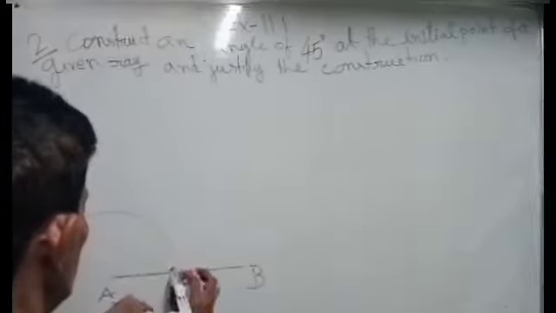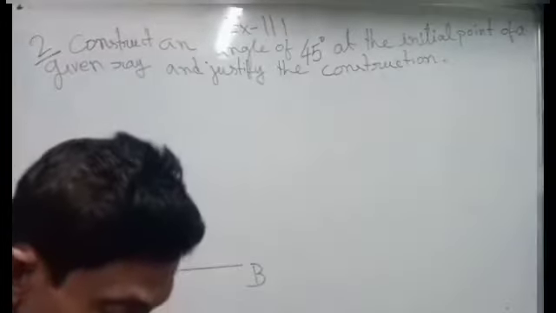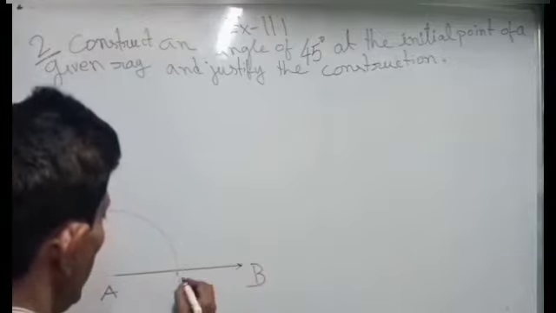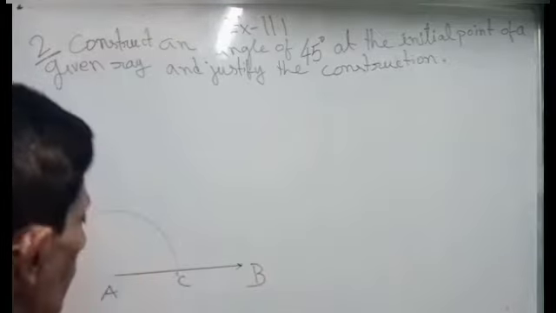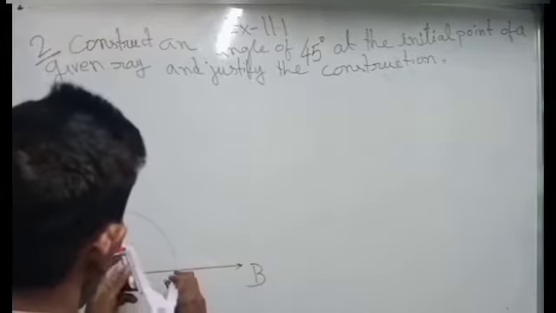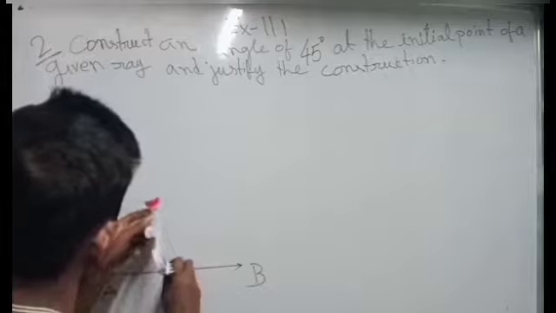A is the center, with any radius, I draw an arc. This arc cuts the ray at C. Now C is the center, with the same radius, I draw another arc.